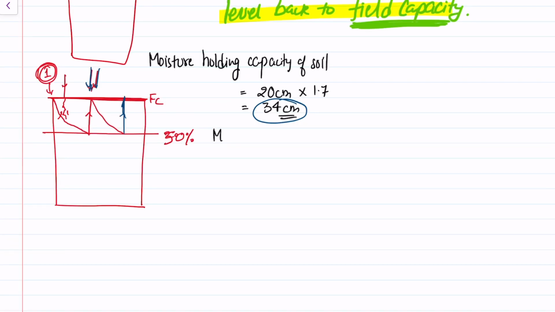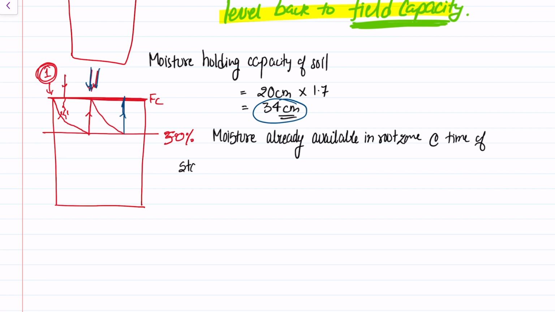So the moisture that is already available in the root zone at the time of start of irrigation will be 50% of the overall field capacity depth moisture.